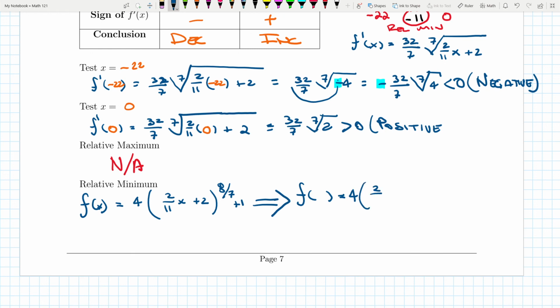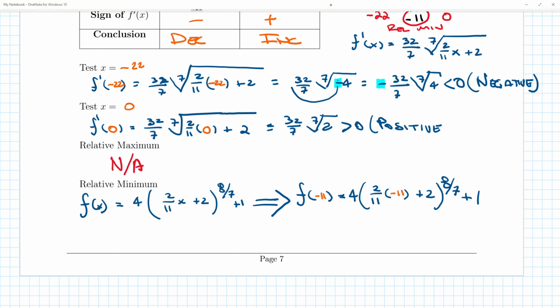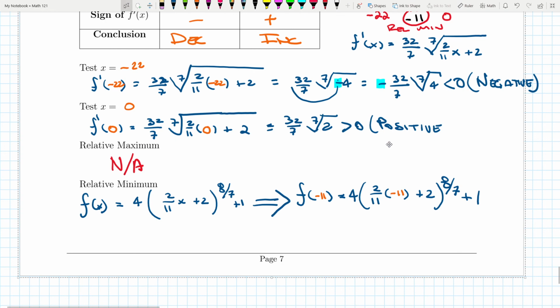I know this one is starting to look a little bit crazy, but trust me, a lot will simplify very, very nicely. So we plug in negative 11, which was the critical number. What is going to happen inside of the parentheses? Well, these 11s cancel.